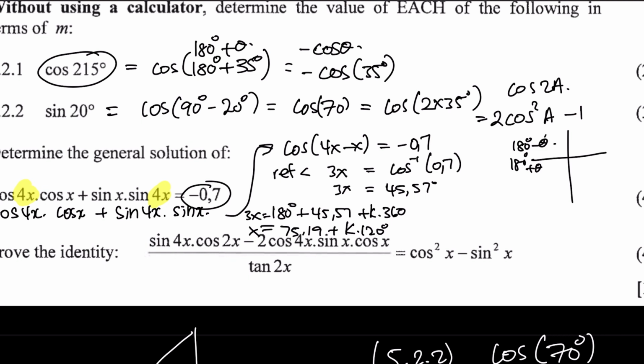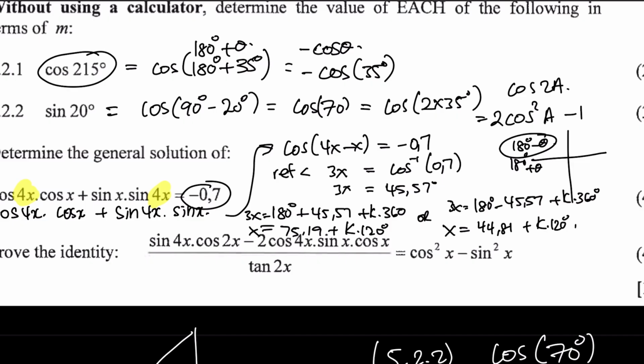Now in the second quadrant, we get 3x is equal to 180 minus 45.57 plus k360. We simplify and divide everything by 3. We get x is equal to 44.81 plus k120, and not forgetting for each one, k is an element of Z.